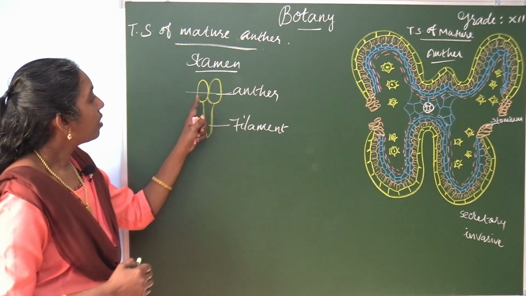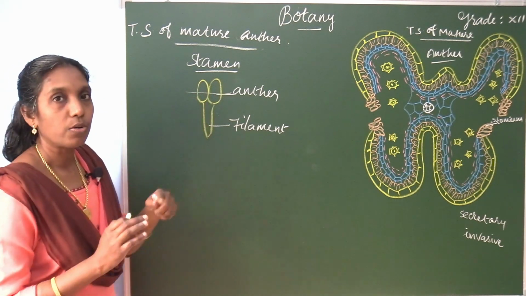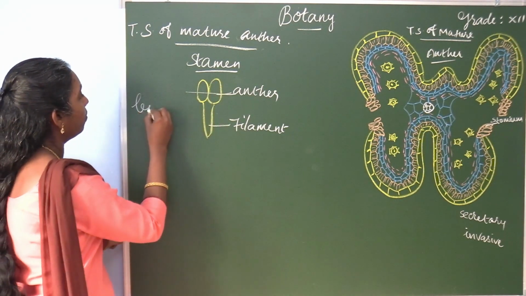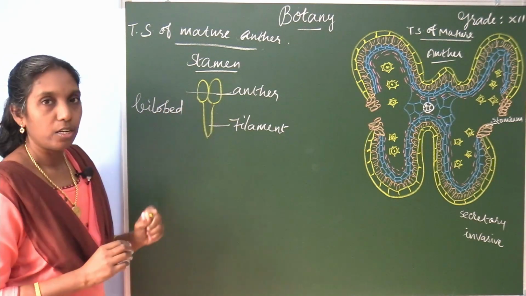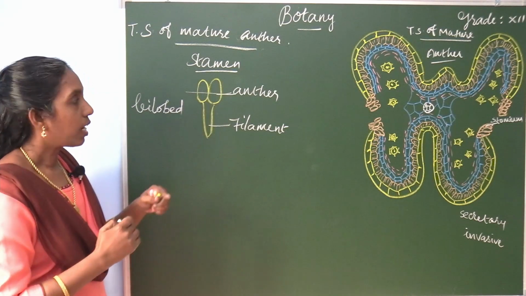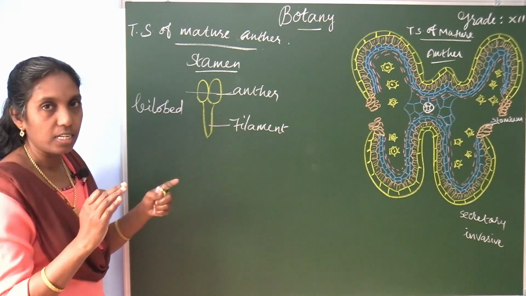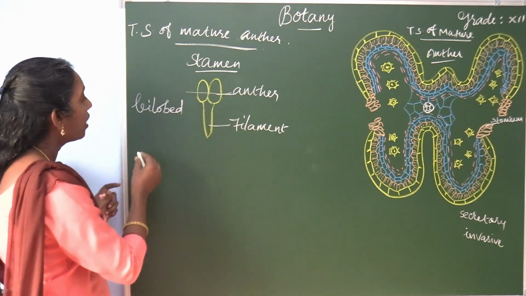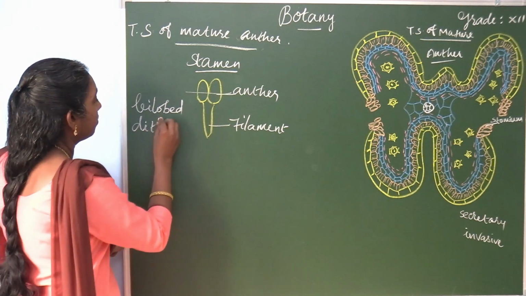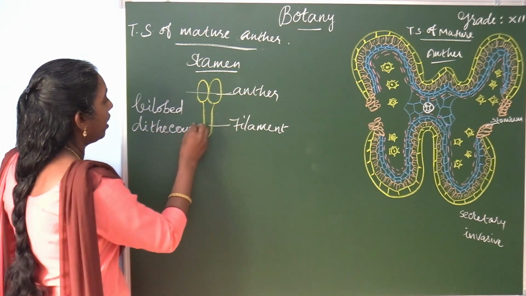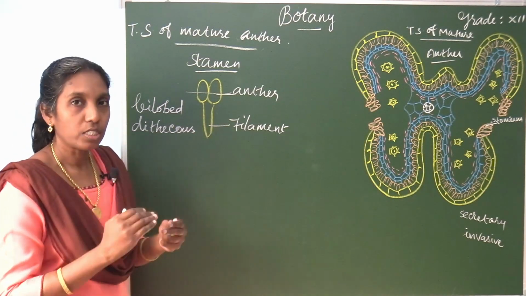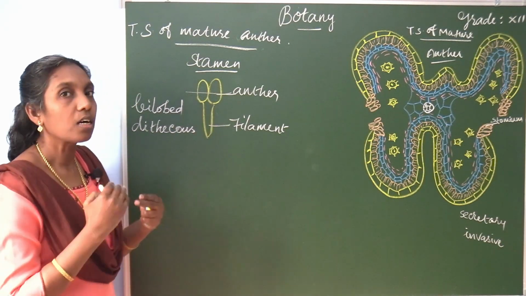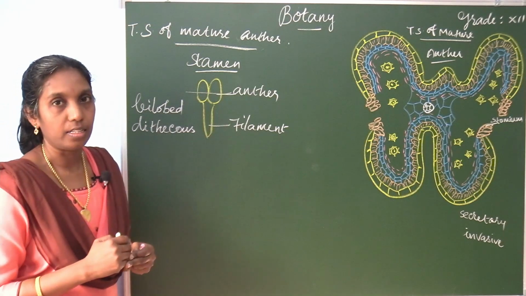In this anther there are two lobes present, so it is called bilobed. Each lobe consists of two theca, that is dithecous. The bilobed anther which consists of two theca is called dithecous anther.